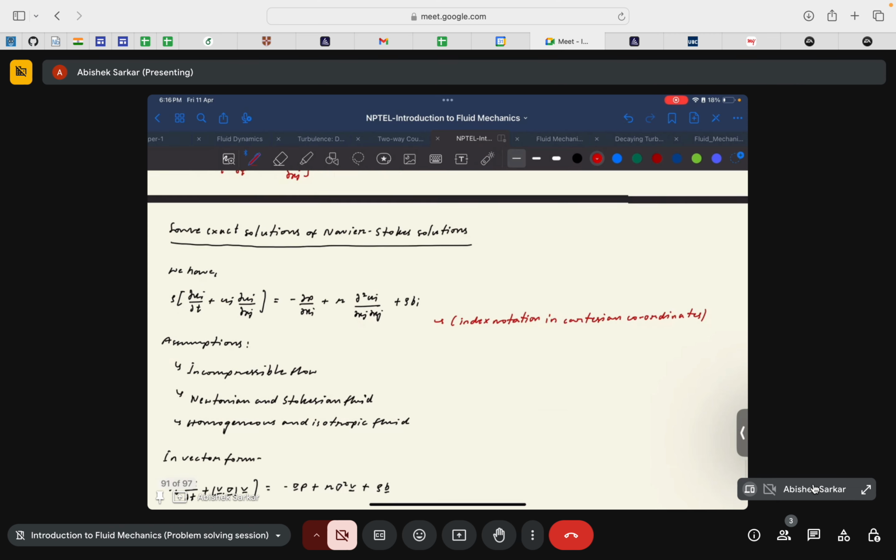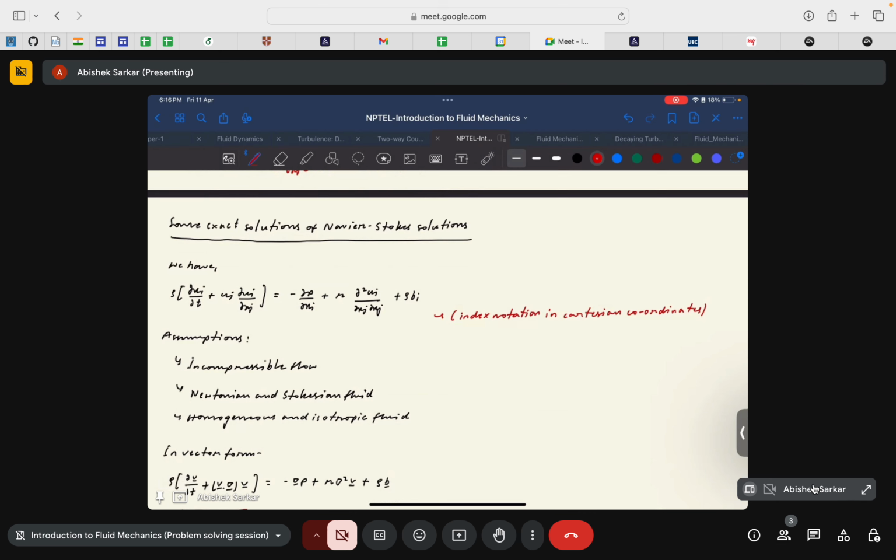Again, there was an extensive discussion of some of the standard problems whose exact solutions are known. That's why it is known as some of the exact solutions of the Navier-Stokes equations. I'm sorry, I wrote solutions, it will be equations.